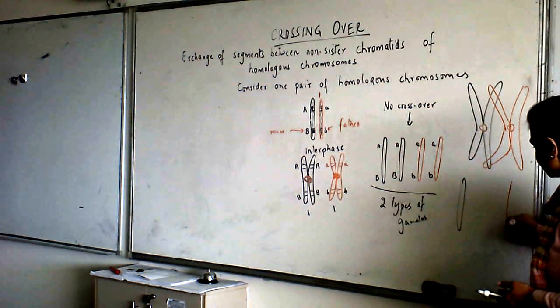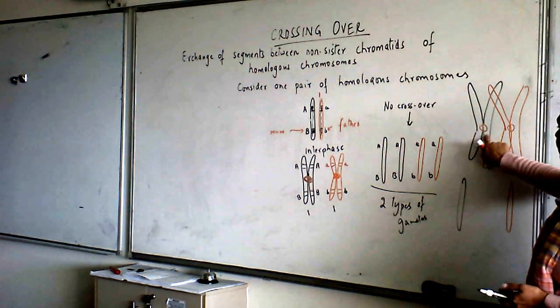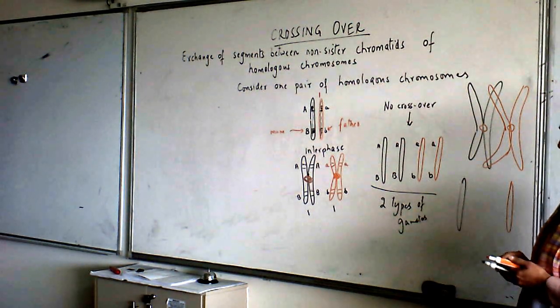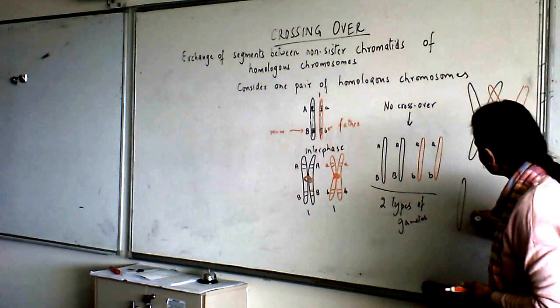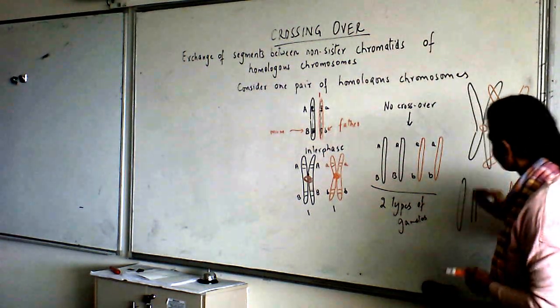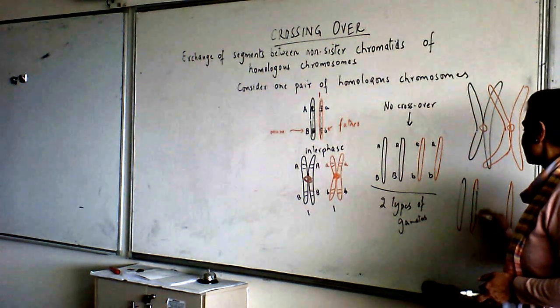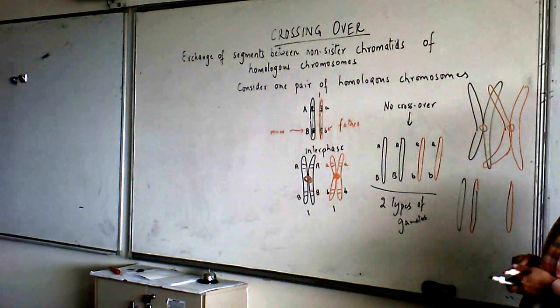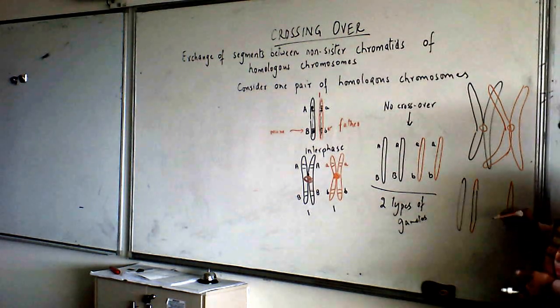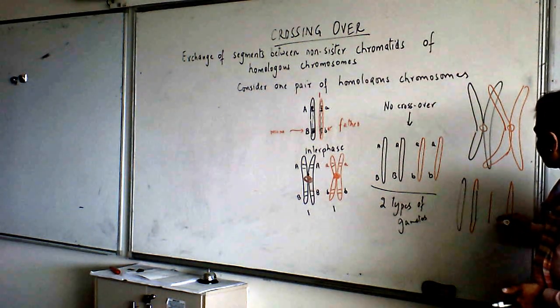Nothing happens to this one. How would this one look? So you have black and then you have two orange. Yeah, so in the middle it'll be all black, but you would have different alleles here. Okay, what about this one? This one we have all the orange and then also black.